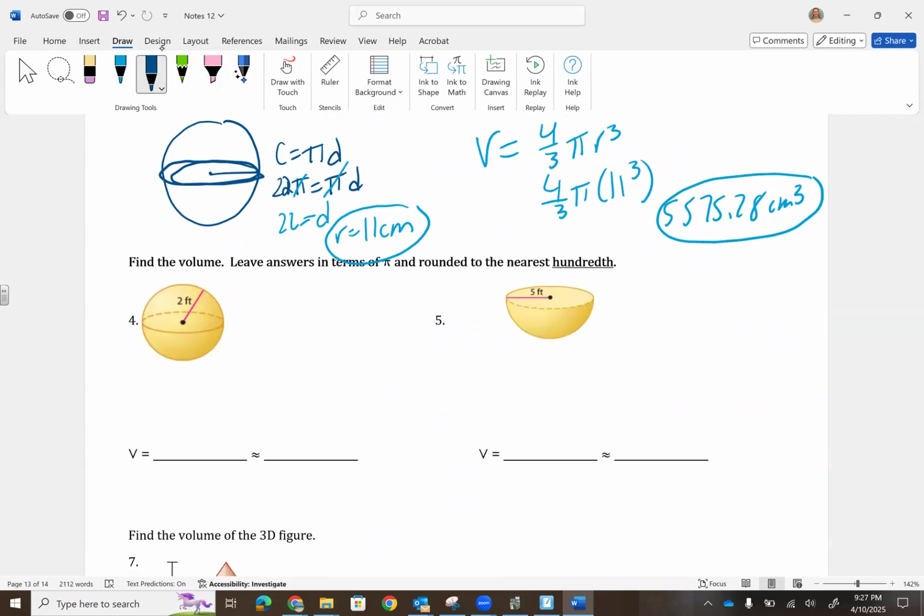Let's do volume. Volume equals 4/3 pi r cubed, and it says in terms of pi, and then round it. So 4/3 pi, and this would be 2 cubed. In our calculator, if you want it in terms of pi, you just do the numbers. I'll show you how to do that.